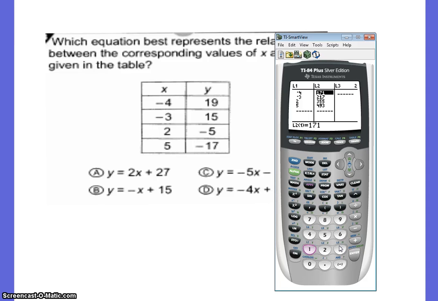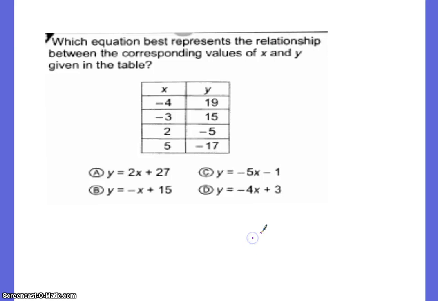L2 is going to be 19, 15, -5, -17. And you're going to go stat, calc 4 because it's linear because none of these have exponents in it. And you get -4x plus 3. So you look and you see that the answer is D.